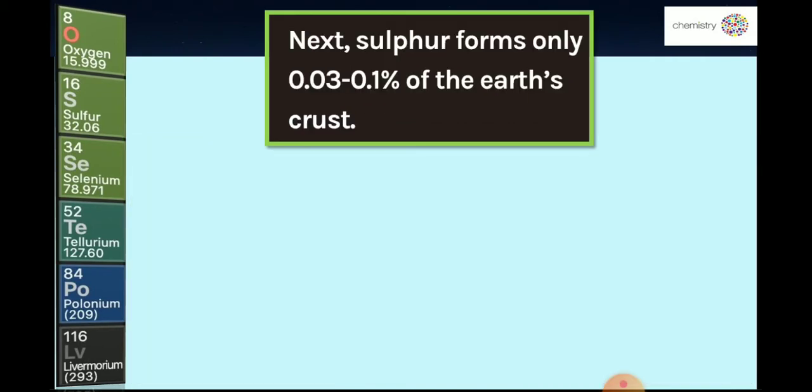Next one, sulfur. The second element is sulfur, which forms only 0.03 to 0.1% of the earth crust compared with that of oxygen.